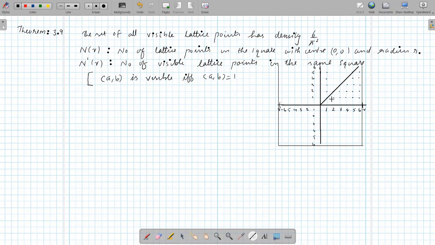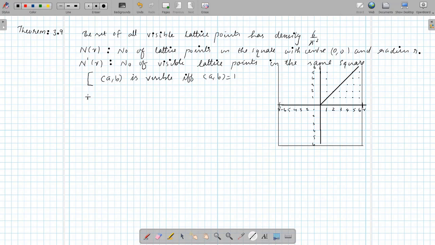We need to collect all the lattice points from the square, the total number of lattice points, and the visible lattice points from the square. Then we need to find the ratio of that. If you consider the square, in the horizontal we have 2 times the integral part of r plus 1 lattice points. In the vertical, again we have the same number of lattice points.